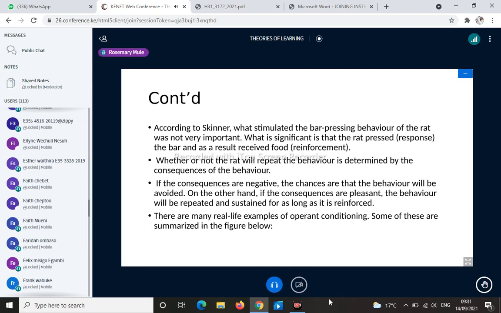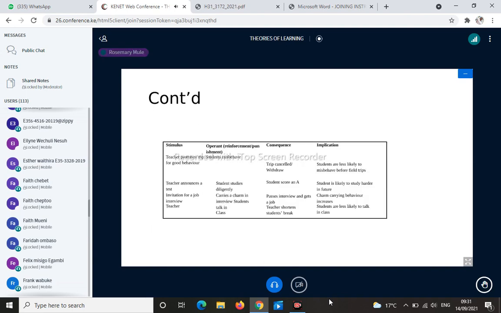So there are many real-life examples of operant conditioning. So let us see what we have. Again, this is a diagram which may not be quite clear here.